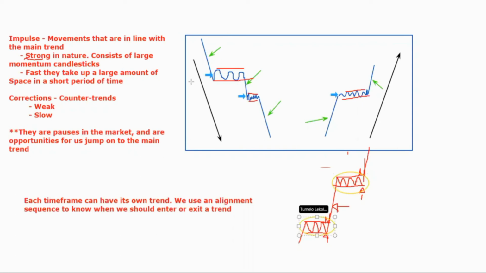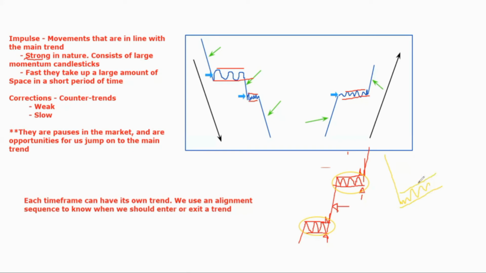And the next point is that each and every time frame can have its own trend. So it's possible that you find a downtrend on a 30-minute chart while on the daily you're in an uptrend. That means the downtrend on the 30-minute chart is a correction. Understand? So this normally happens like this. Say you're in a downtrend, and then you find this movement right here. So this is a trend, right?